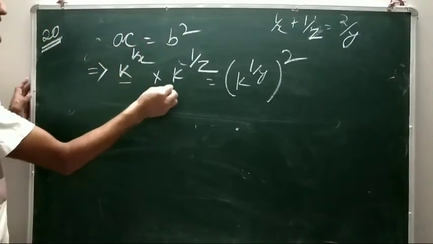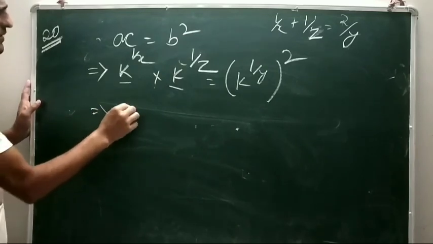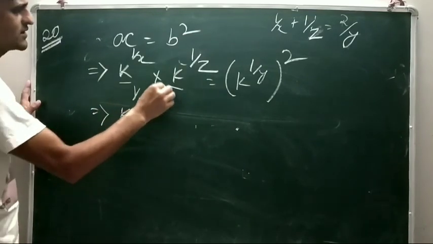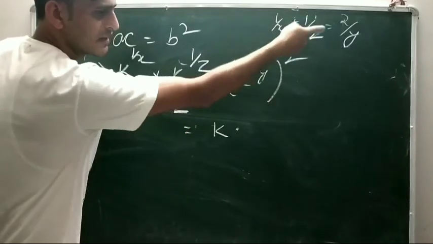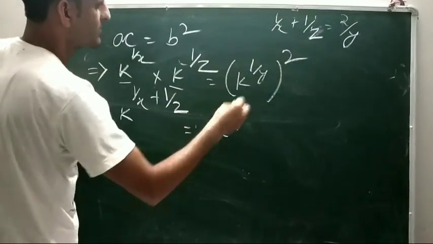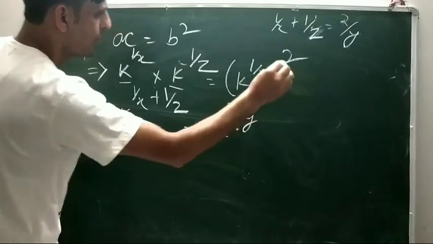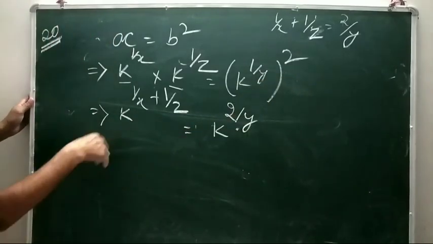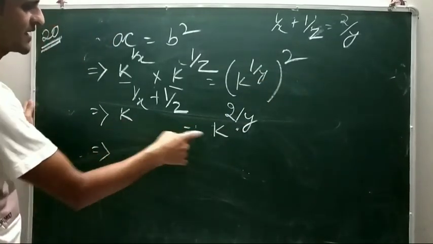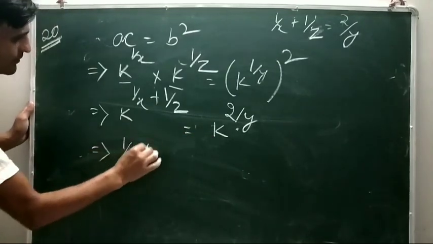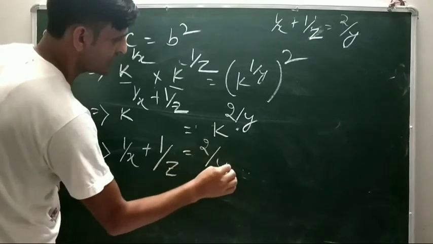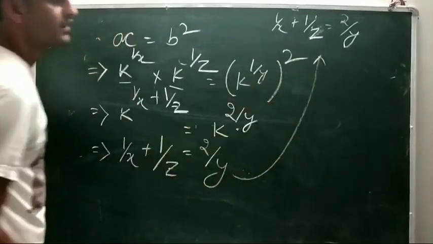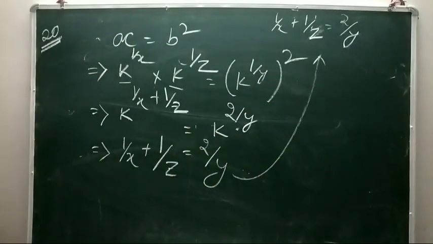Bases are same and they are in multiplication, so it is k to the power 1 by x plus 1 by z. And on the other side, powers are multiplied, so k to the power 2 by y. We can cancel the k's because we have the same base. So 1 by x plus 1 by z is equal to 2 by y, which we had to prove. Like this we will get the solution of these questions.